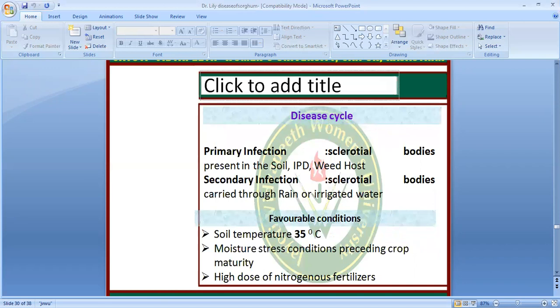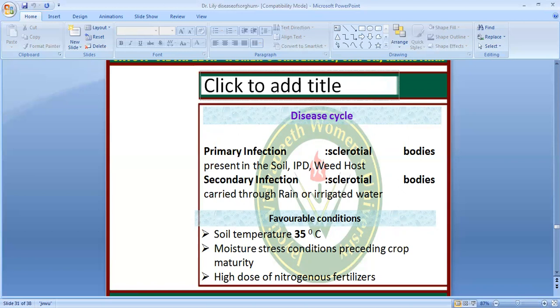The disease cycle: primary infection is through sclerotial bodies. Where are they present? In the soil, in infected plant debris, and in the weed hosts. Secondary infection is again through sclerotial bodies, carried through rain or irrigation. What are the favorable conditions? Soil temperature of 35 degrees centigrade, moisture stress conditions before the crop matures, and a high dose of nitrogenous fertilizer.